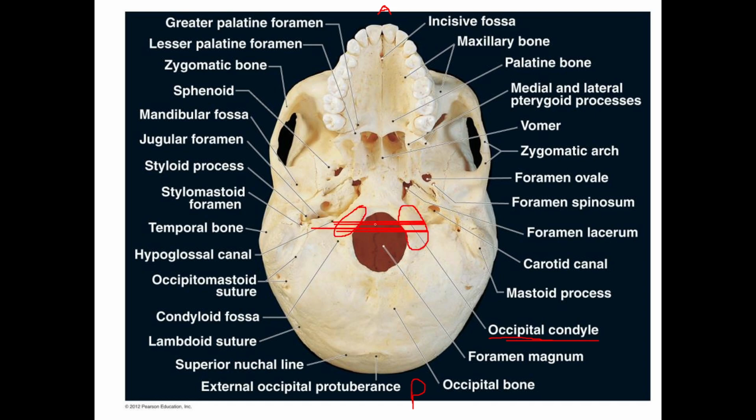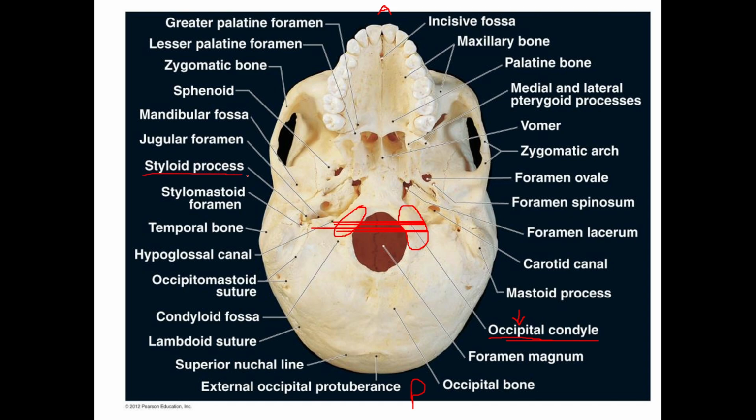Come on, PowerPoint, work with me. These occipital condyles on the left and right side are part of the occipital bone, as implied by the name. These occipital condyles are what allow the skull to articulate with our vertebrae, with our backbone. This is how the skull is able to maneuver around. So I just wanted to point out the occipital condyle.